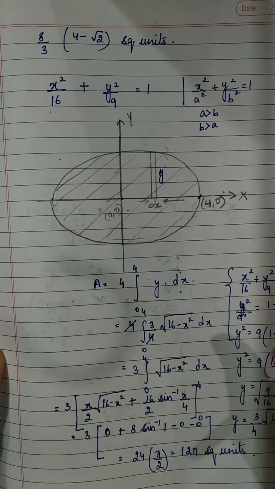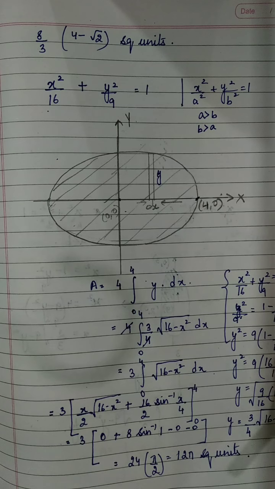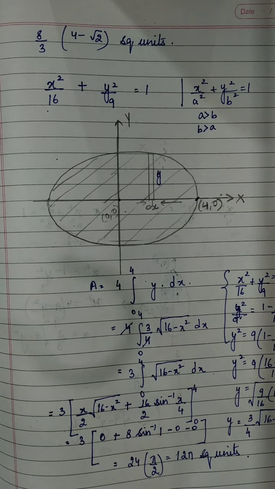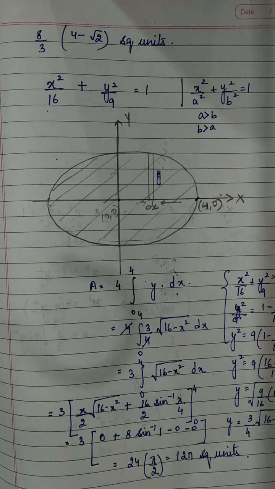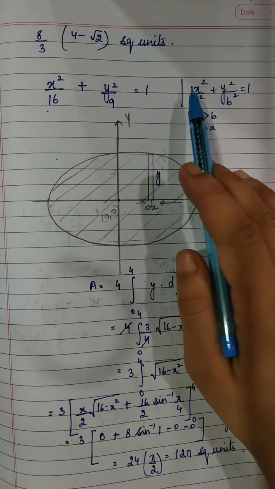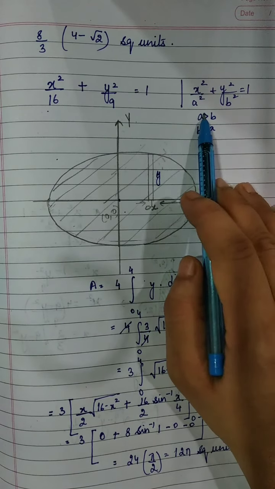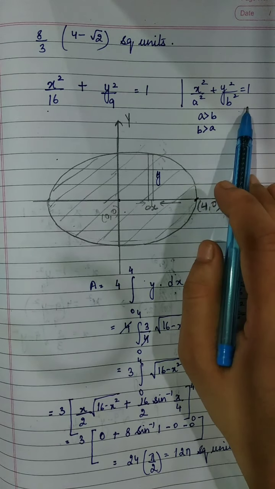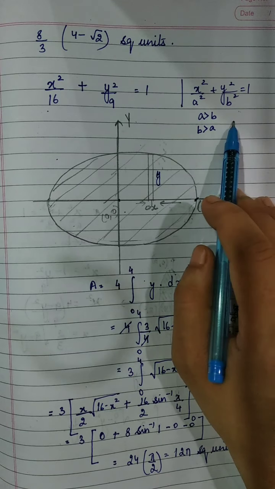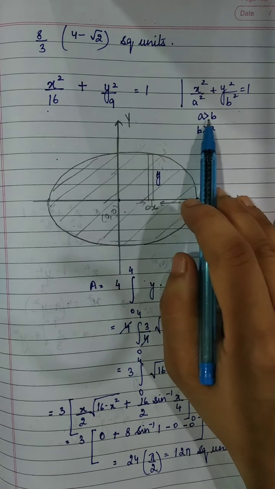Okay. Moving on to question number 4. x square upon 16 plus y square upon 9 is equal to 1. You have to find the area that has been bounded by this particular ellipse. Remember students, there are 2 types of ellipse, right? The general equation is x square upon a square plus y square upon b square is equal to 1. We might have a greater than b.